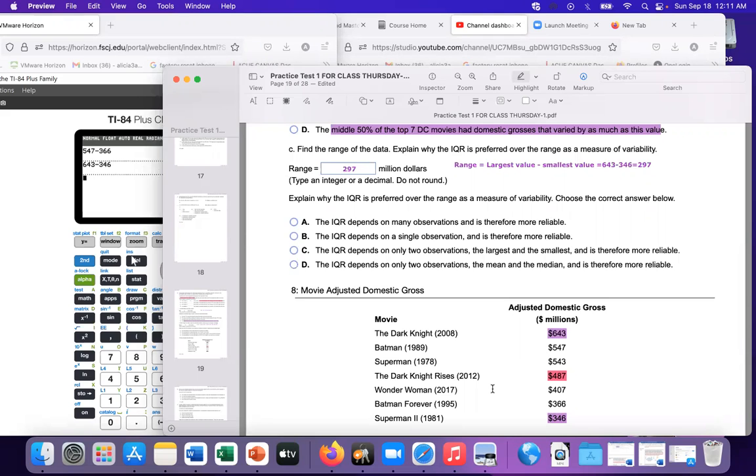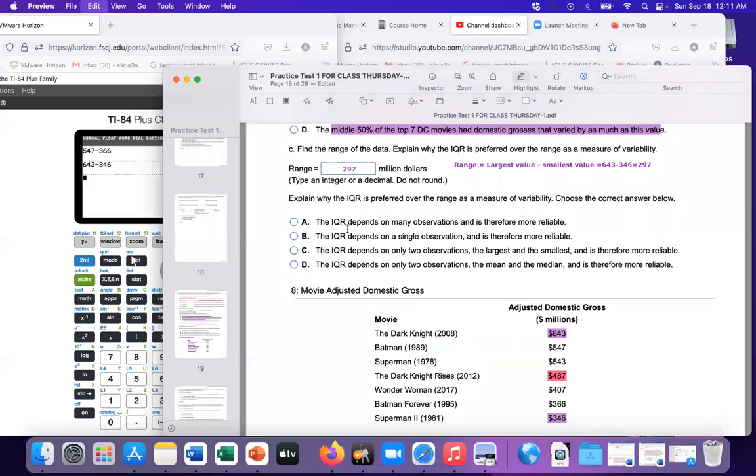Whereas the range is only looking at the smallest and the largest. So if you had outliers, it's not going to take into account any of these other ones. So we want the interquartile range because it depends on many and is therefore more reliable.